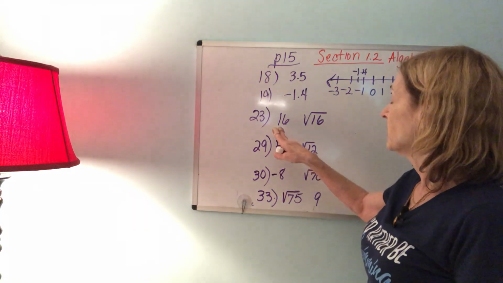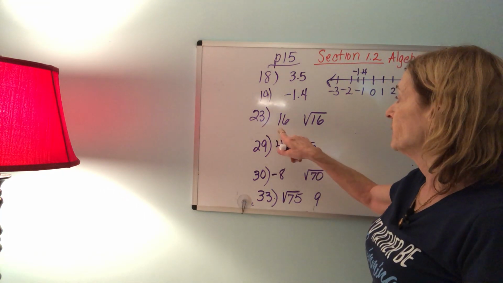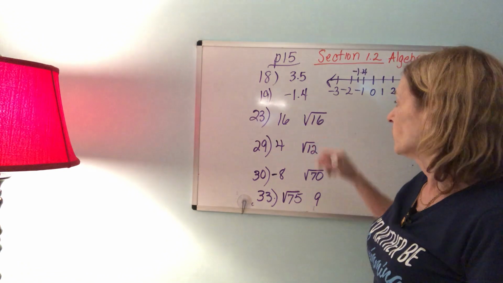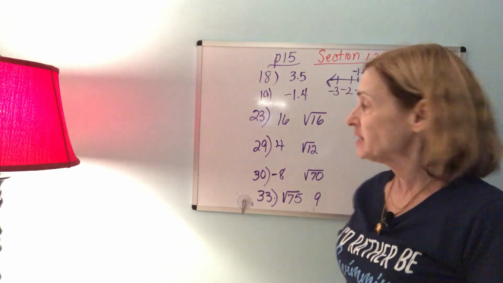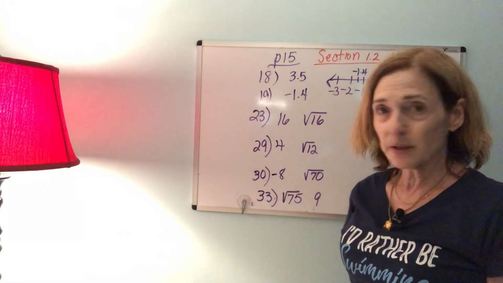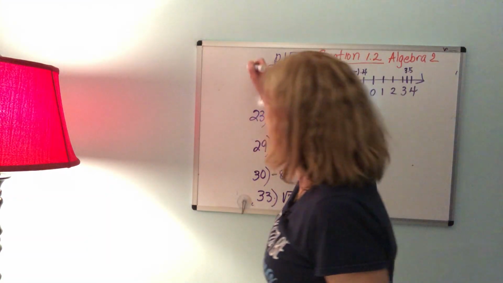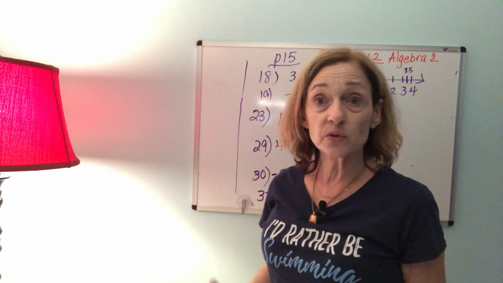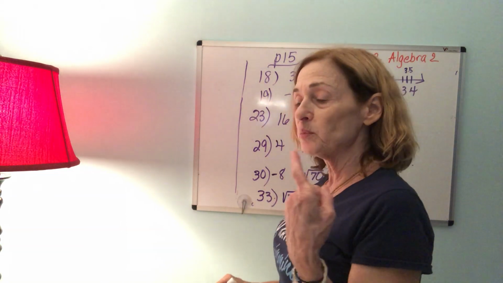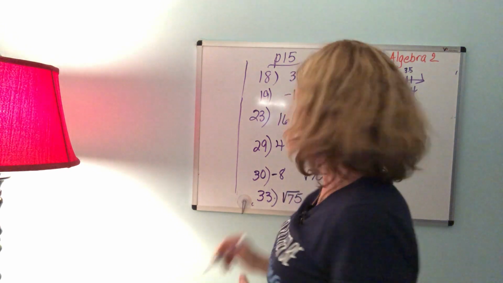Okay, the next thing we're going to do is figure out which number is greater than, less than the other. Okay, so we start with 23. We have 16 and the square root of 16. And some of you, after a long summer, might have said, I forget what that means. So what I like to do is have, and you can have some notes in your notebook, things that help you remember how to do something.